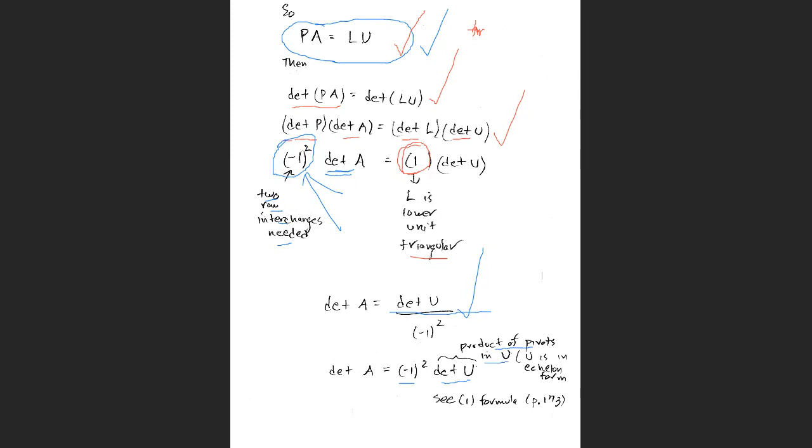And so this now relates to the formula in section 3.2, that formula on page 173 that we talked about last time. So you see that now you have a very simple formula for computing the determinant of a matrix A. Very simple formula.